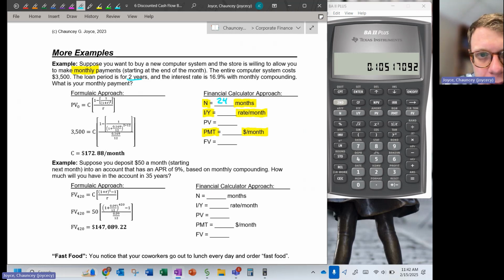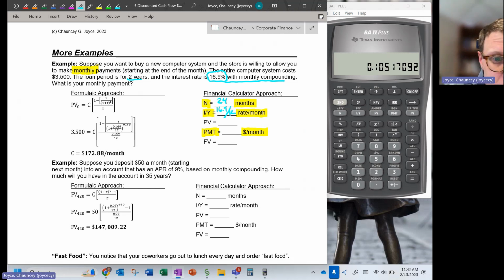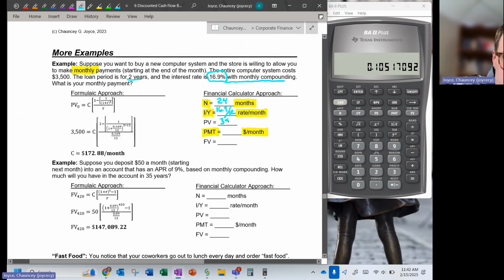So your rate is 16.9% with monthly compounding. That 16.9 is an APR, an annual percentage rate. So you need to take the 16.9 over 12. That becomes a rate per month, divided by 12, 16.9 over 12. Present value, that's the value of the system, 3,500.